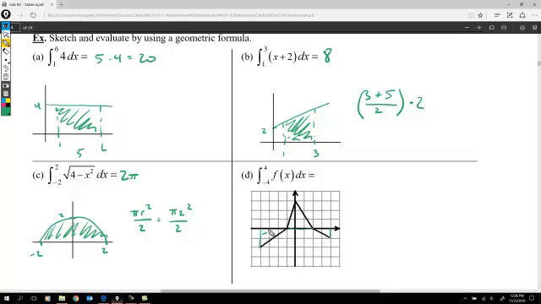So I'm going to have an area of -3. Okay, here I have a height of 3 and a base of 3, so my area is 9/2. And then here I have a base of 2 and a height of -1, so I have an area of -1. So I'm just going to add all these together. So -3 plus 9/2 minus 1, that gives me an area of 1/2.